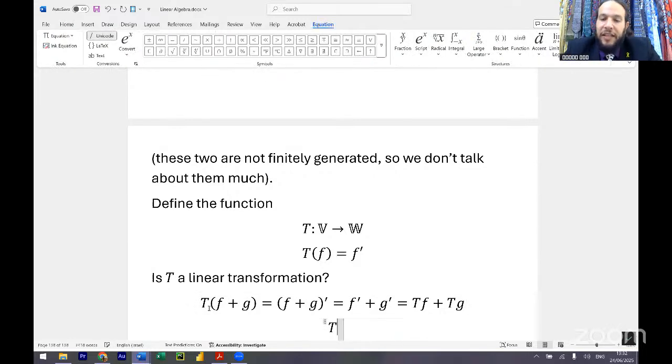What is the function of c times f? It's the derivative of the scalar c times the function f. By rules of calculus, what happens to the scalar? It comes out.